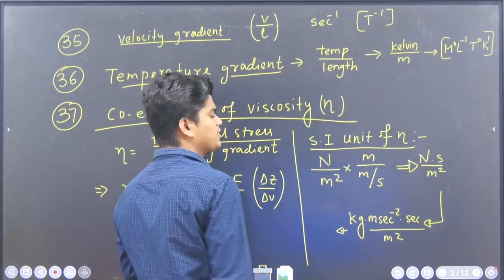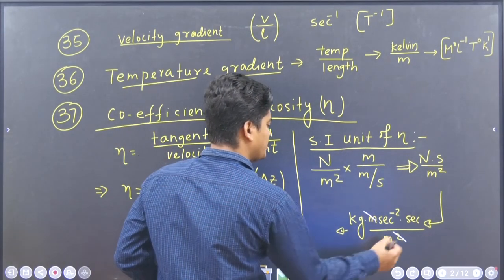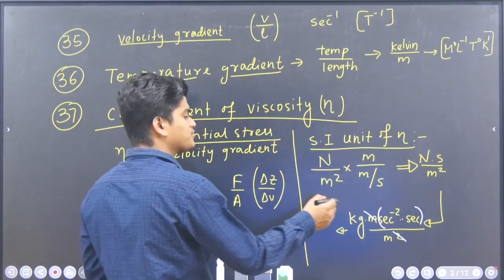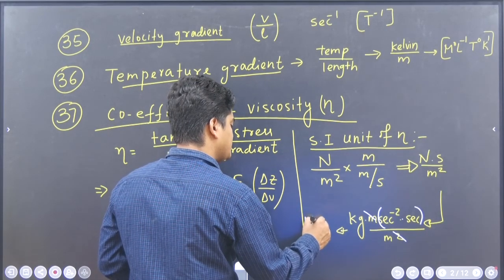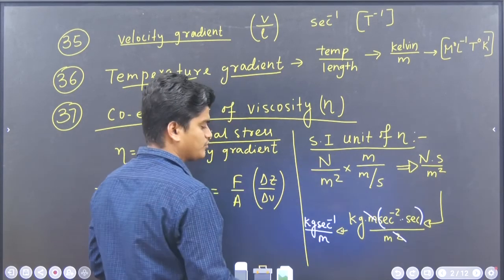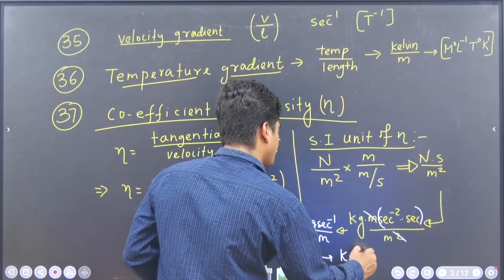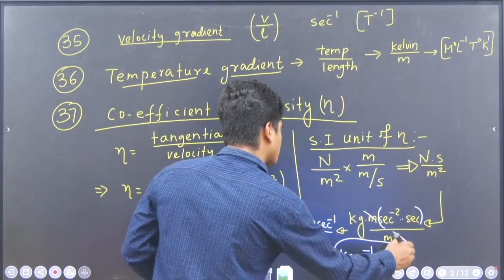Calculating this, meter cancels to give meter square in the denominator reduced to meter, and second to the power minus 2 into second gives second to the power minus 1. So it becomes kg second to the power minus 1 divided by meter, or you can write this as kg meter inverse second to the power minus 1.